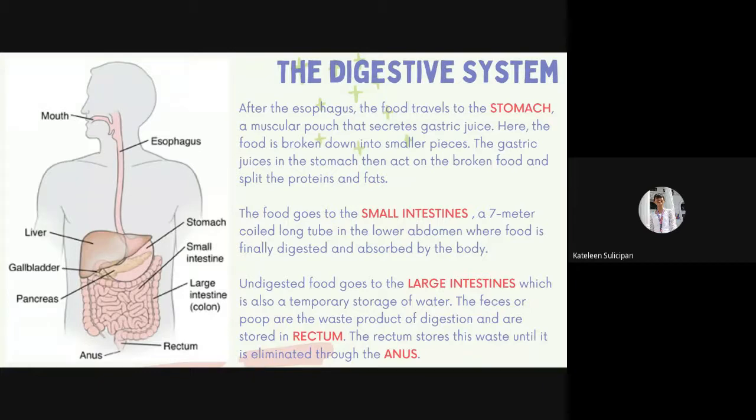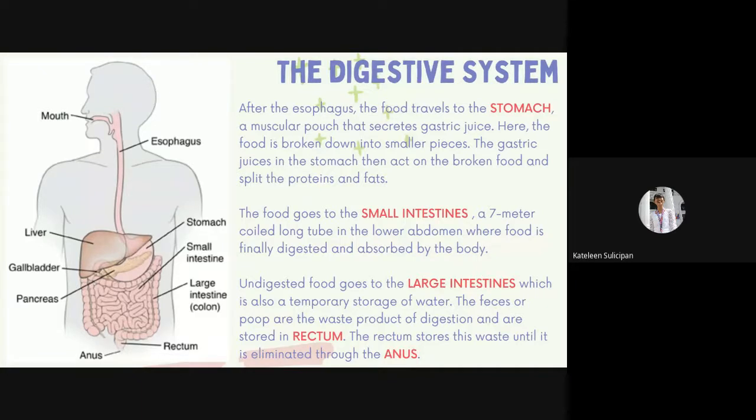So, bale, mas maliit na yung kanin, ganun. And yung gastric juice sa stomach natin, yung nag-help na i-break down yung food and para ma-split yung nutrients ng food natin, like the proteins and fats.